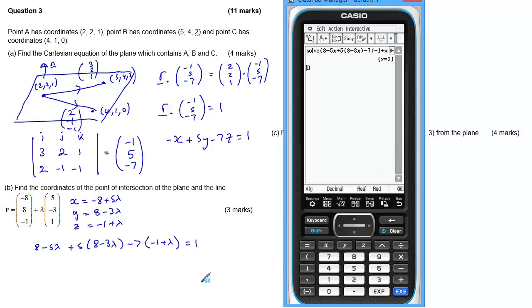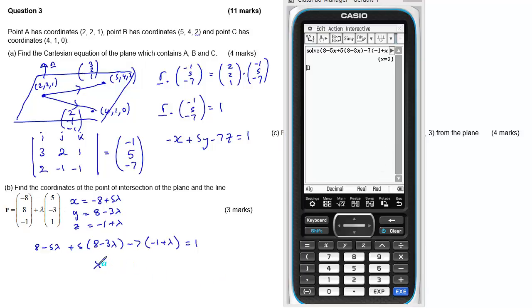And that gives me x is 2, so I can say λ equals 2, and then substitute back to here. So that's going to be -8 add 10, which is 2, 8 take away 6, which is 2, and -1 add 2, which is 1. So it actually intersects at the point A.